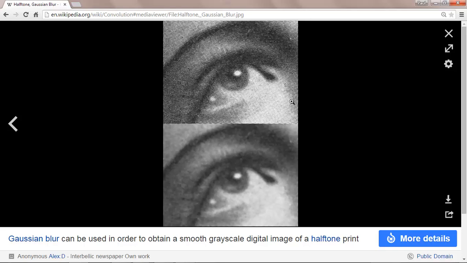But this is just a signal, a halftone image. So you see that to make darker shades, they have circles of black that are of varying sizes, right? And that's how this is made. This is a technique often used in printing newspapers, for example.